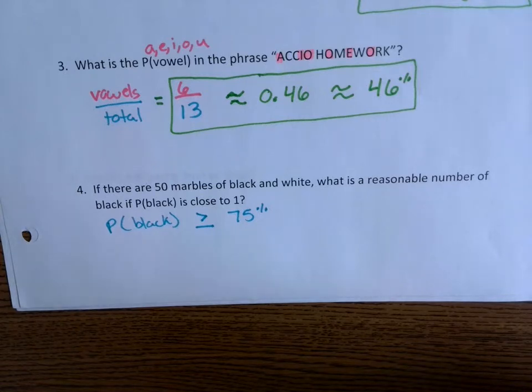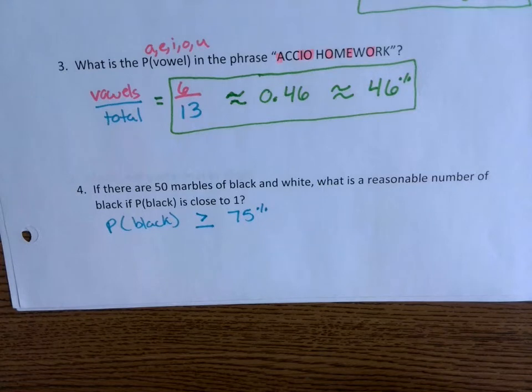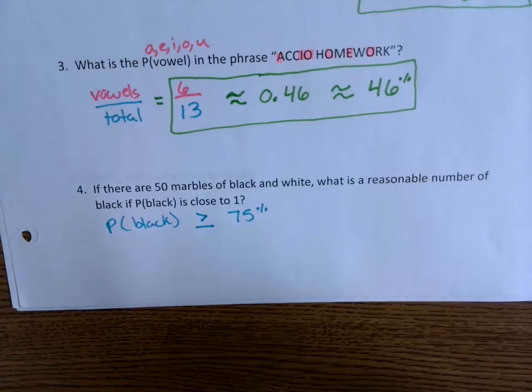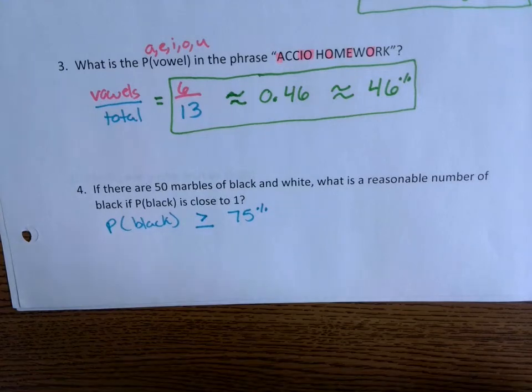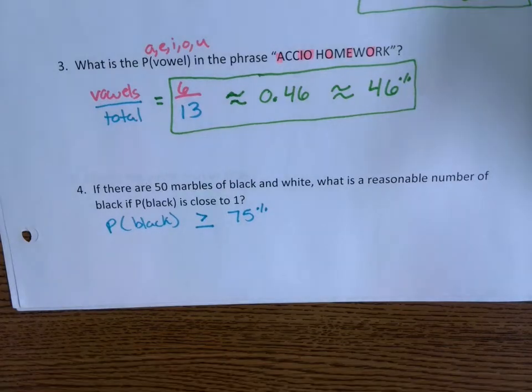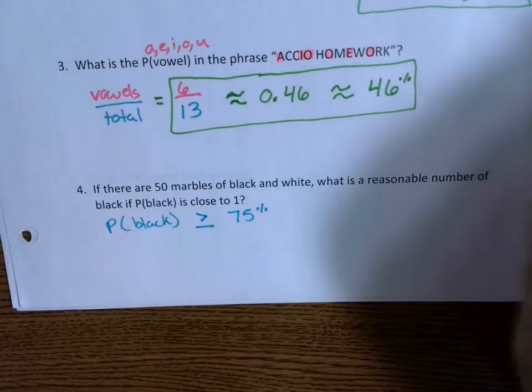So remember, our probability line is broken up into parts. You have 3 segments: a starting segment, which is 0, a middle segment, which is 1/2 or 50%, and an ending segment, which is 1 whole or 100%. And then you've got percentages in between that represent likely and unlikely.